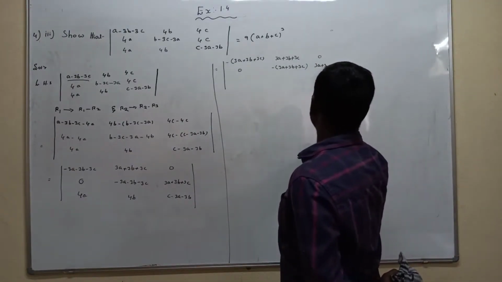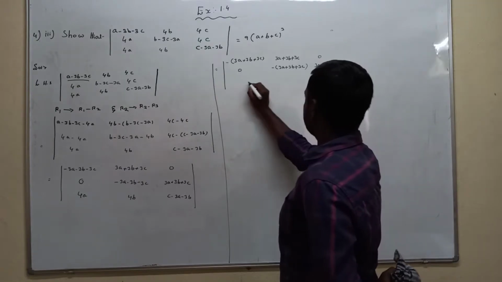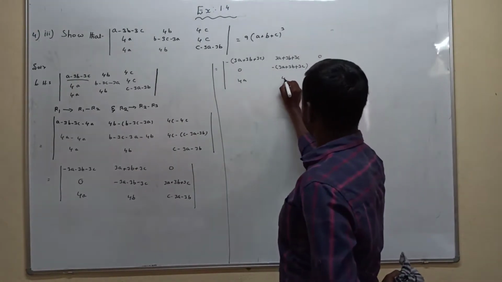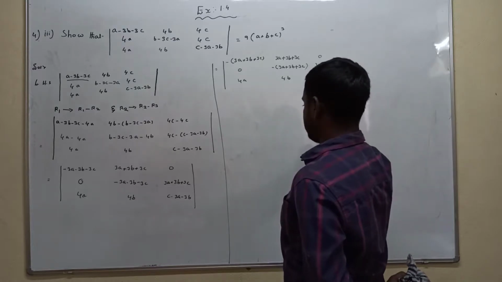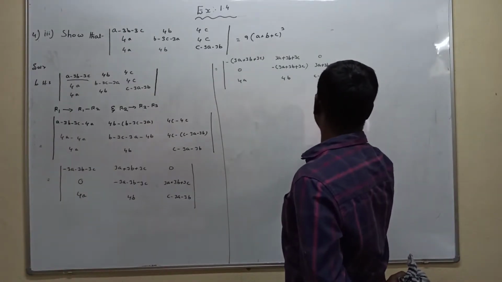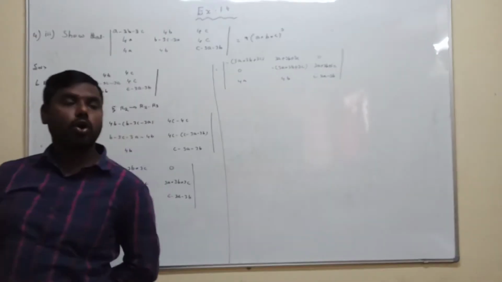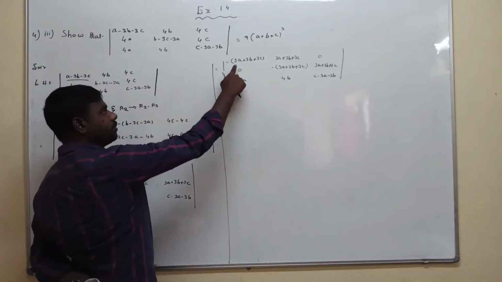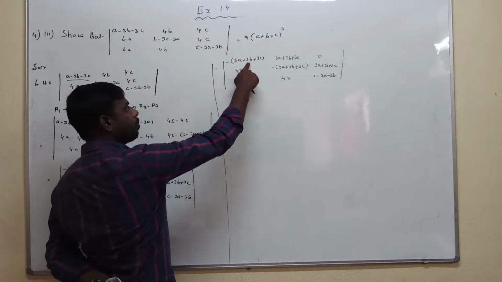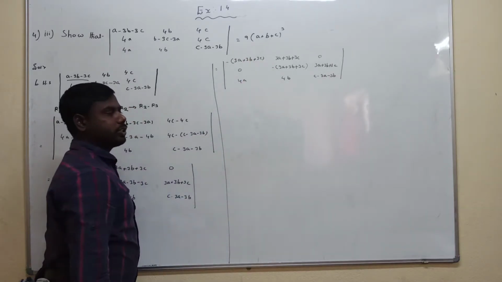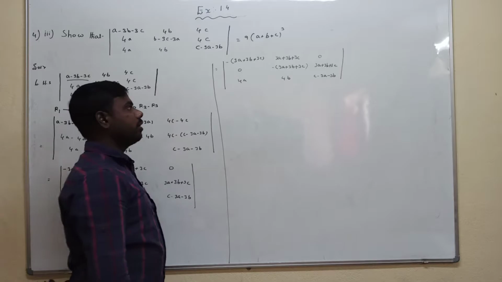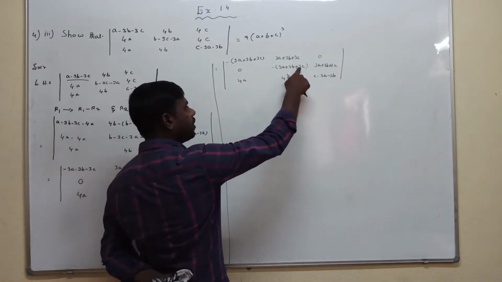3a plus 3b plus 3c, and the third row 4a, 4b, c minus 3a minus 3b. Observe, students, the first row and the second row. In the first row we are taking 3a plus 3b plus 3c common.